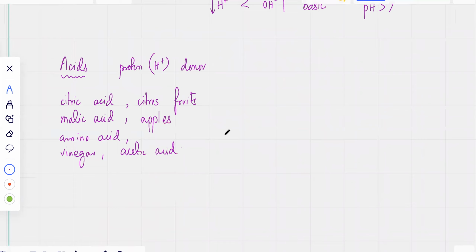What are the properties of acids? The first thing is they have a sour taste, like lemons, and they're very bitter as well. What else? Does anyone have any properties of acids other than this?